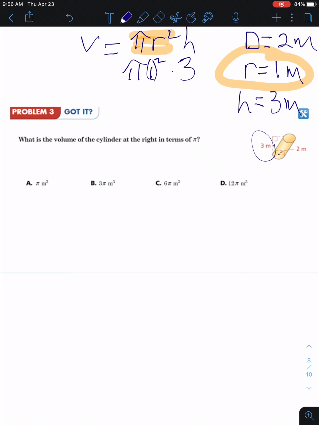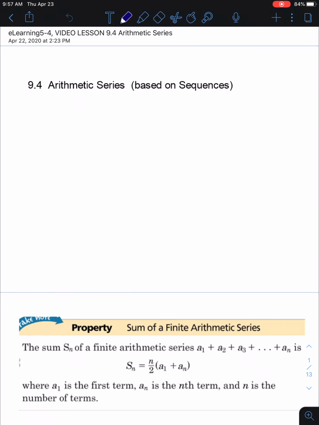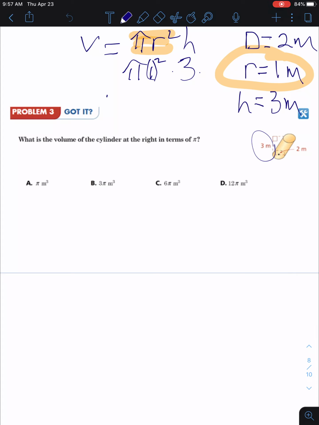Again, this is going to be meters squared times meters, so our volume is going to be pi times 3, or 3 pi, and it's not centimeters, it's meters.